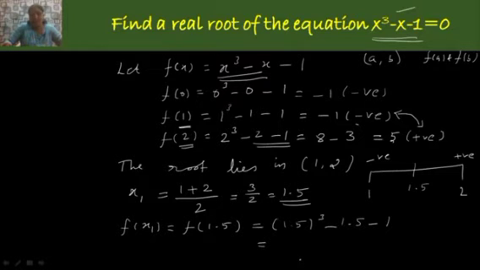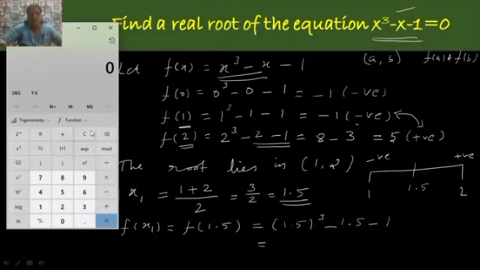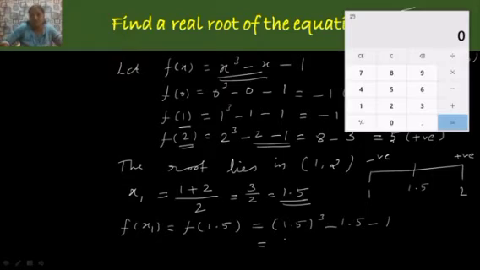Simplifying this value, we get 1.5 the whole cube minus 1.5 minus 1, which equals 0.875. This is a positive value, isn't it? 0.875. This is positive. So at 1.5, the function takes a positive value.